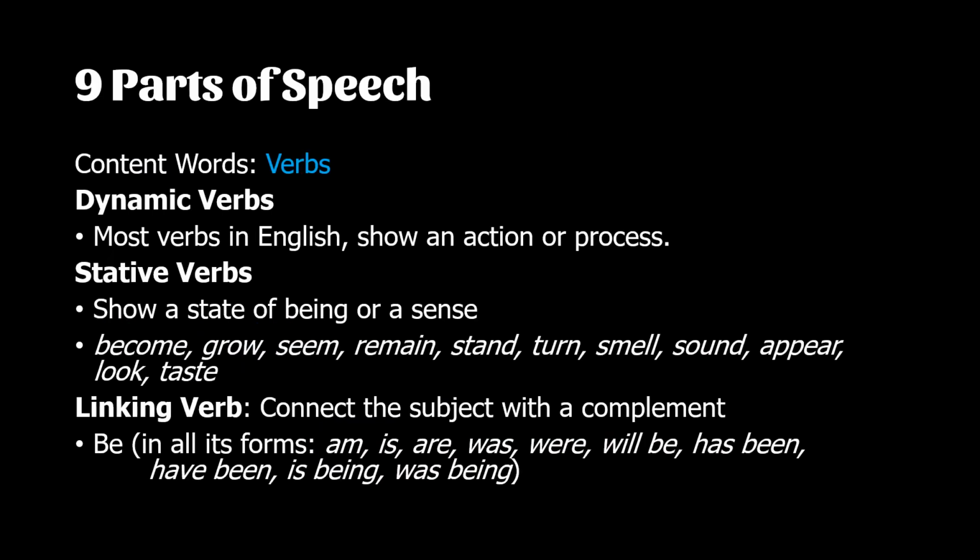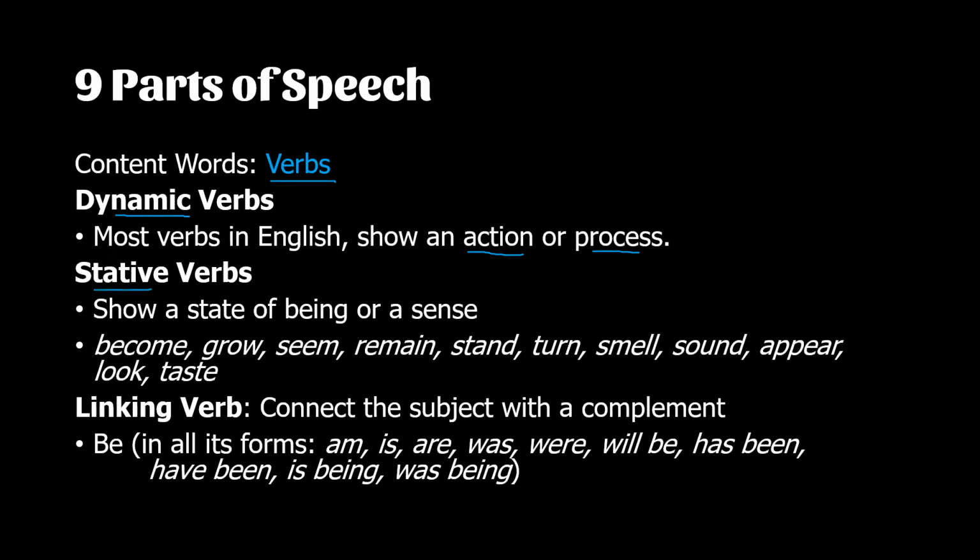We're moving from nouns, and now we're going to talk about verbs. This is the fourth kind of content word in the 9 parts of speech. There are 3 main kinds of verbs: dynamic verbs, and you can imagine just by the word dynamic that they show an action or some kind of process.